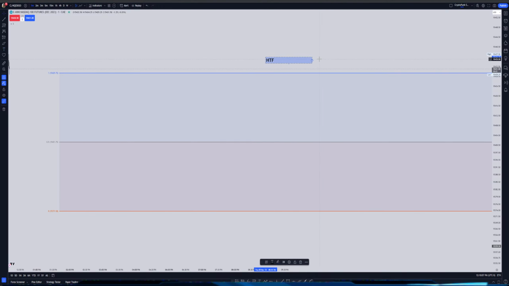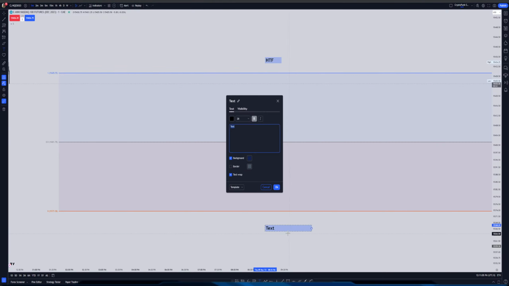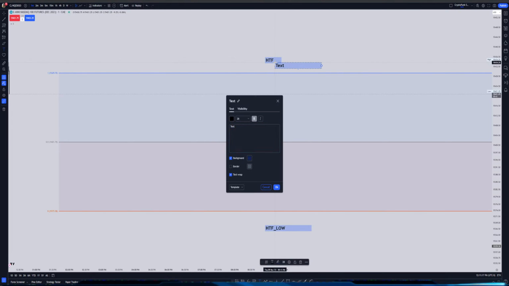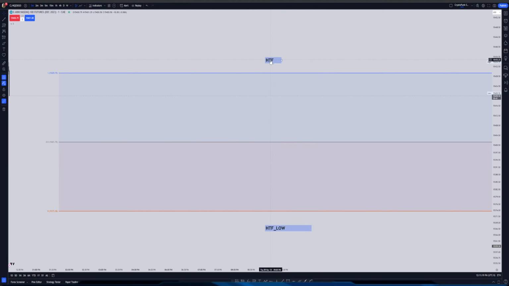This one is the higher time frame swing high. And this is the same higher time frame swing low. Sorry, I didn't write the label over there, so let me write HTF low, and then this is your higher time frame high.